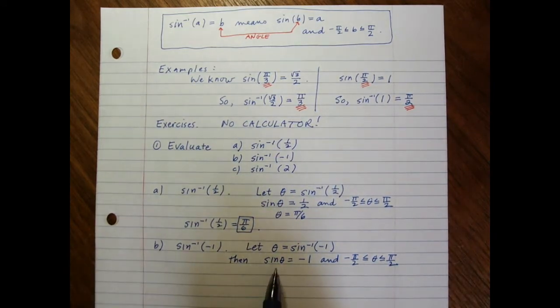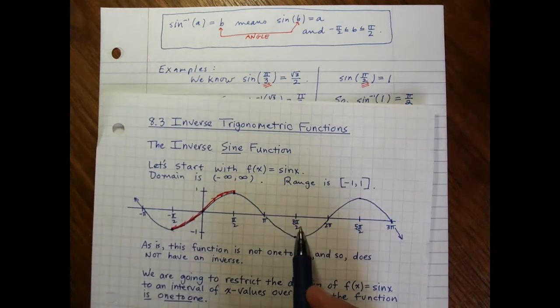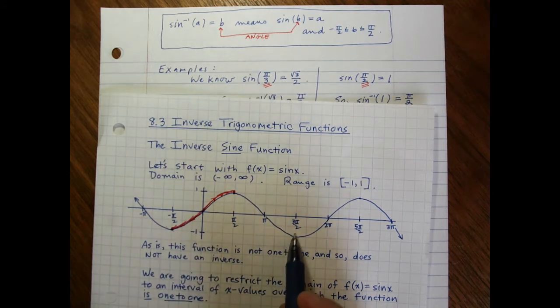And so I need an angle here whose sine is -1. Now, if you rely on your unit circle diagram, you might want to say 3 pi over 2. It's true, sine of 3 pi over 2 is equal to -1. I can see this on my sine wave graph here.